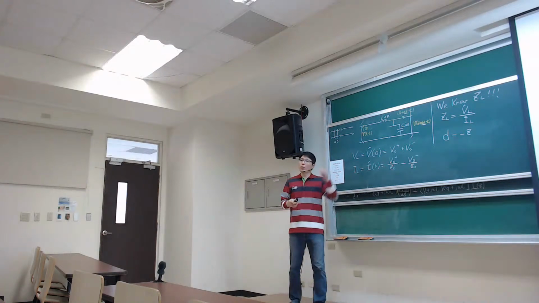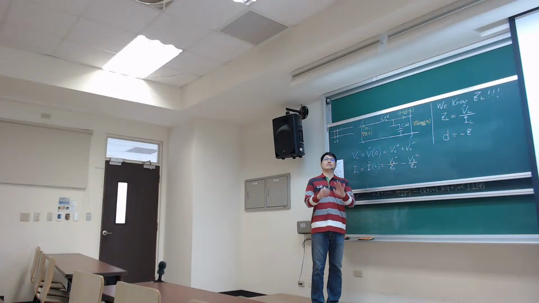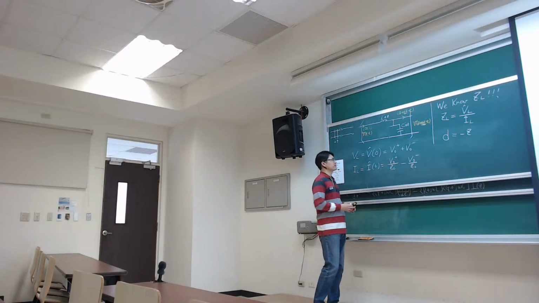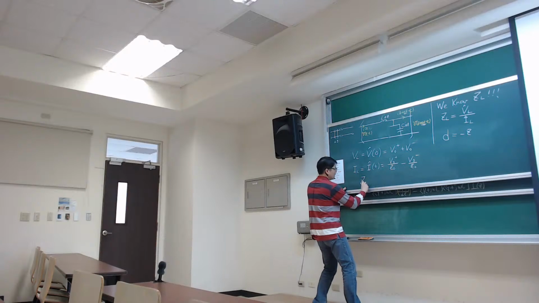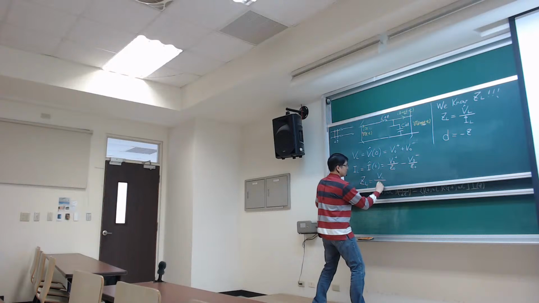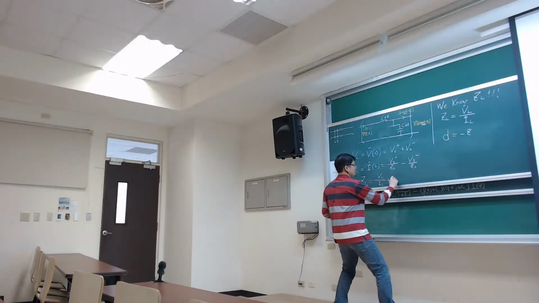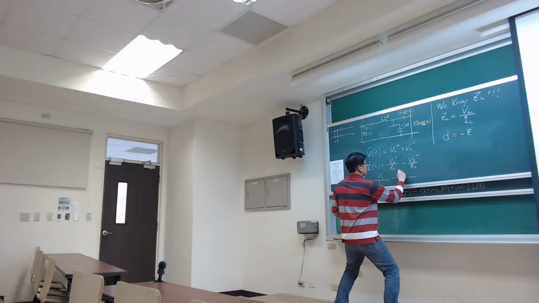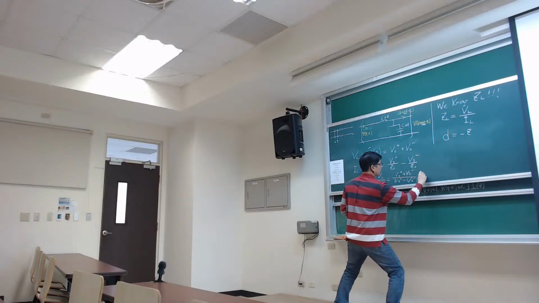Now you can see why I want to define Z equals 0 at the load, because mathematically it is very simplified. So Z load is VL divided by IL, which is, well, you have to perform the division: Z0 times (V0 plus plus V0 minus) divided by (V0 plus minus V0 minus).